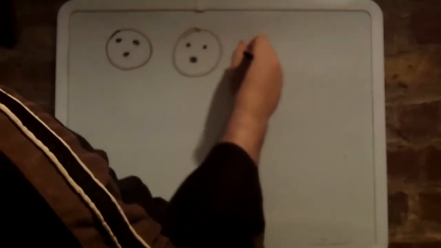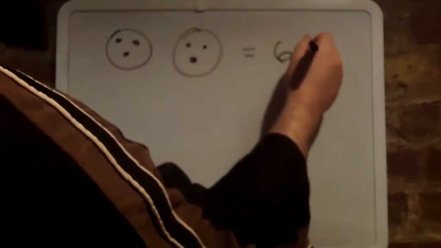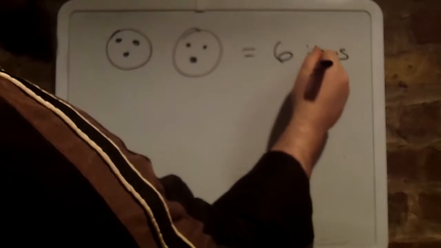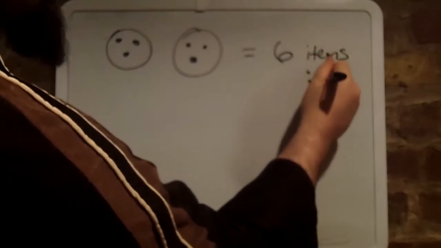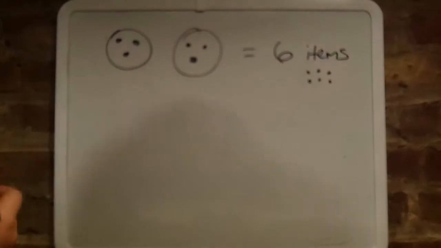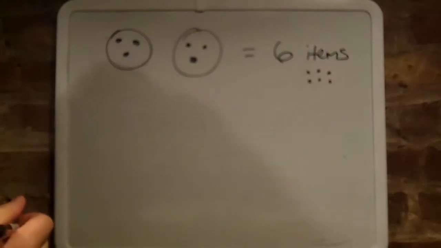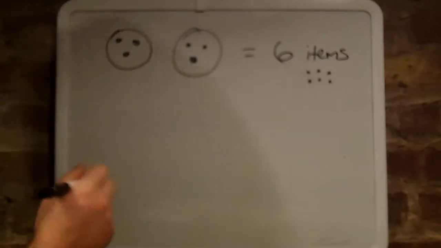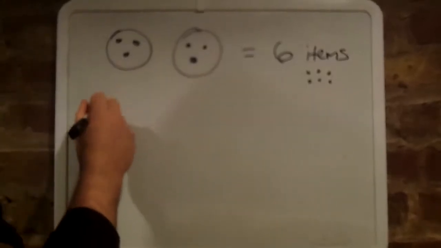That means we have 6 items total. That would be 6 dots: 1, 2, 3, 4, 5, 6.